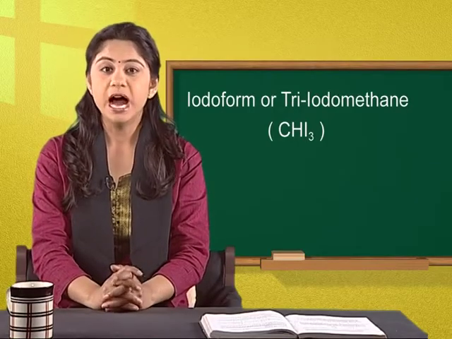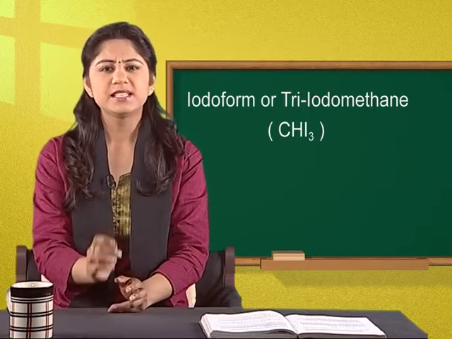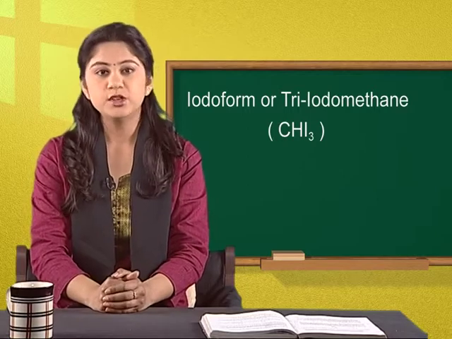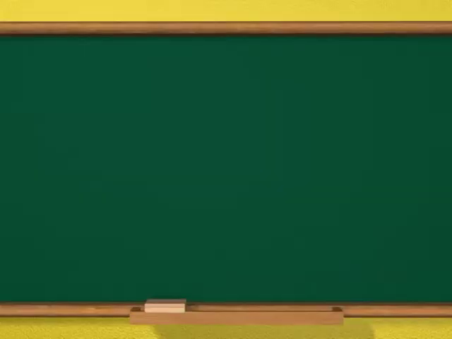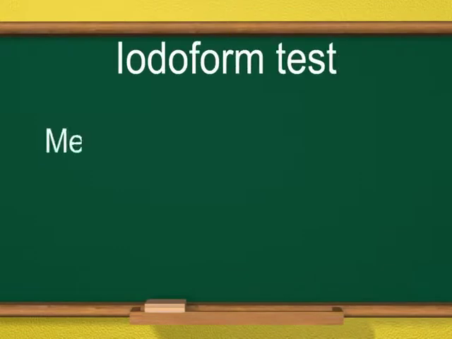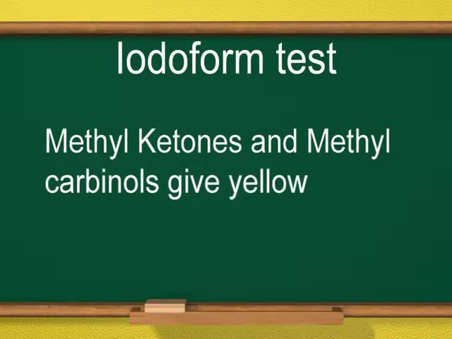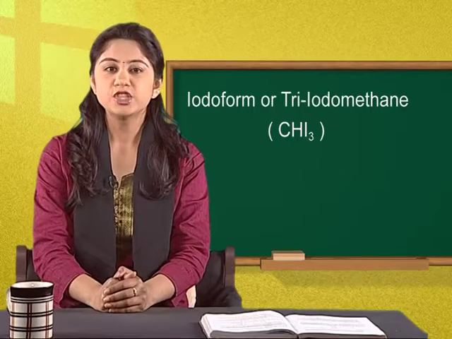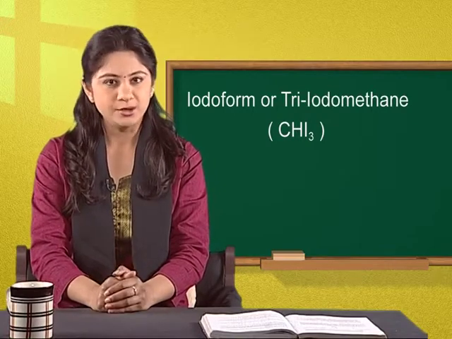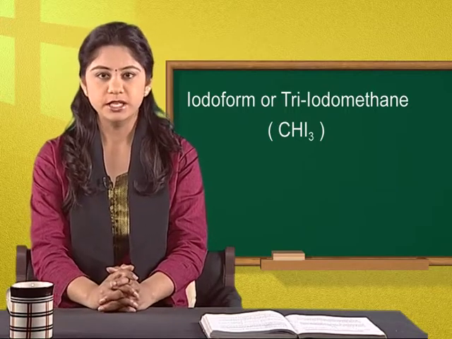Iodoform or triiodomethane, that is CHI3, is a yellow colored, water insoluble solid compound at room temperature. Iodoform test: methyl ketones and methyl carbinols give yellow precipitates of triiodomethane, that is CHI3, on heating with iodine and sodium hydroxide or sodium carbonate.